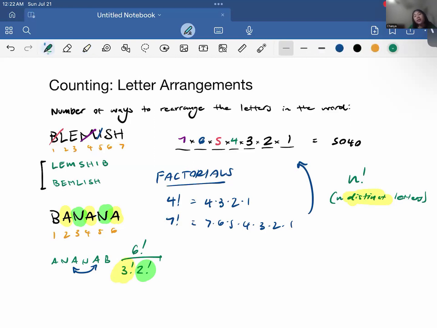And so let's work this out. 6 factorial, we can write as 6 times 5 times 4 times 3 factorial, where 3 factorial is 3 times 2 times 1. And you might ask, why are you writing this as 3 factorial? You'll find out in just a second.